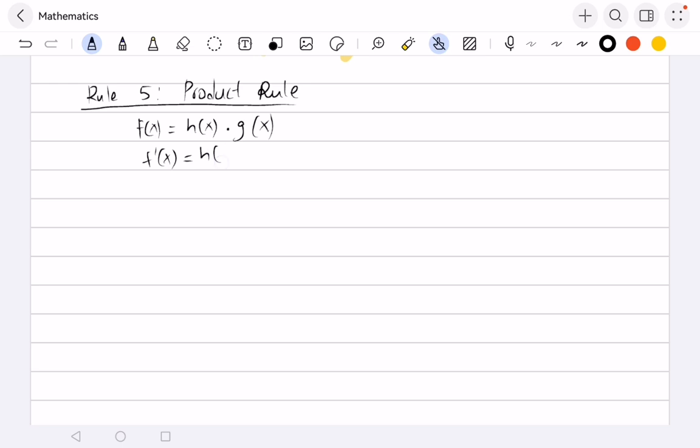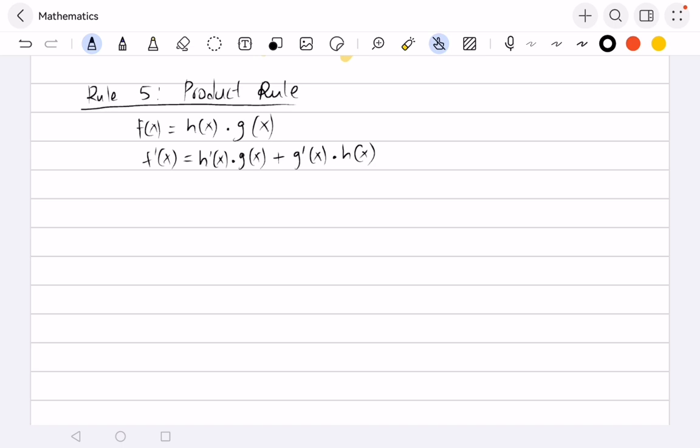Let me write it properly. You're going to find the derivative of h, then multiply with g of x. Then you're going to add the derivative of g of x, multiplied with h of x. This is how the rule applies.